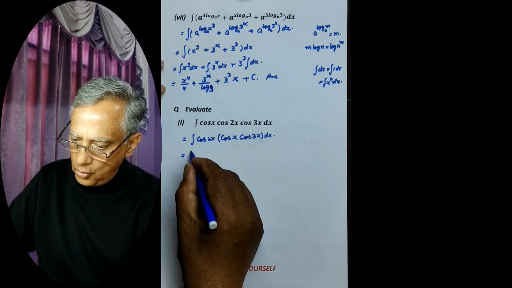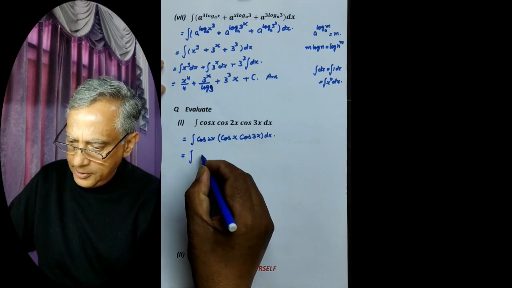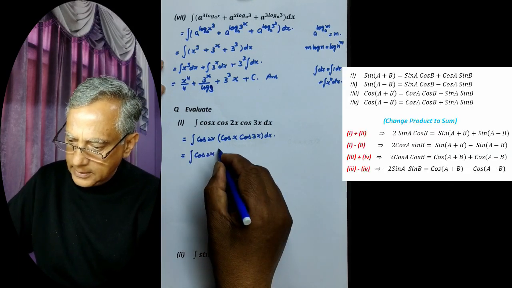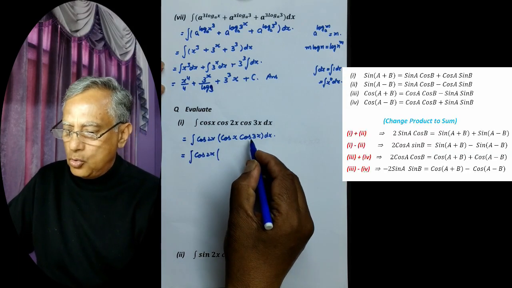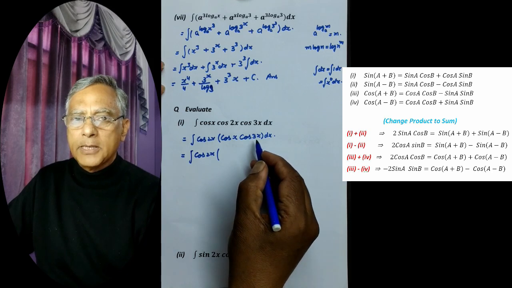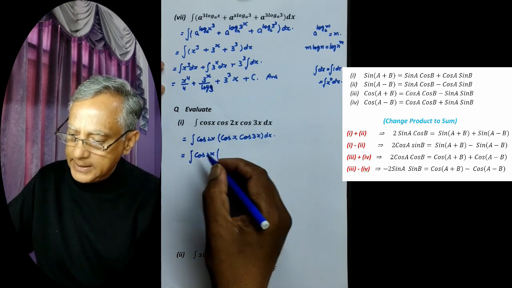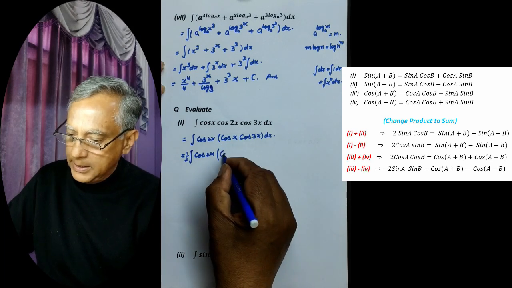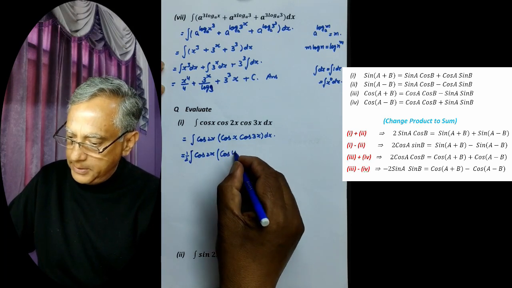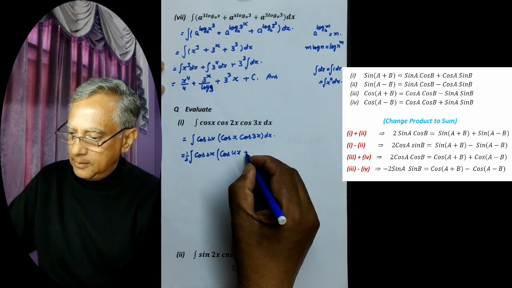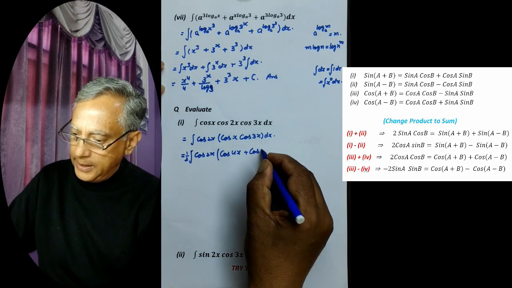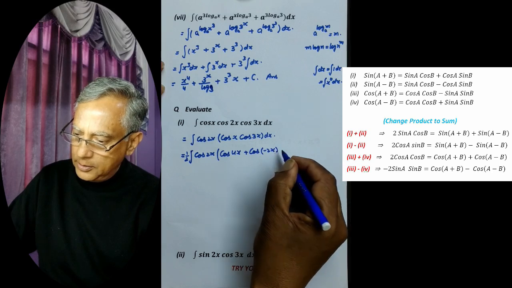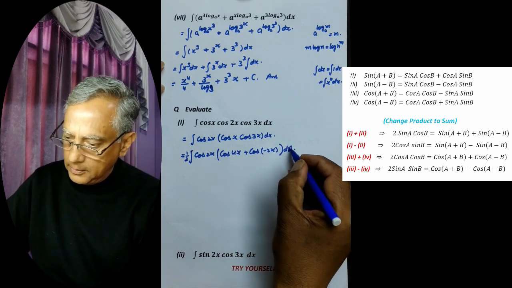This is equal to integral of cos 2x into, now 2 cos a cos b is cos a plus b plus cos a minus b. So this will be half cos a plus b. Cos of a plus b is 4x plus cos of a minus b, that is minus 2x dx.